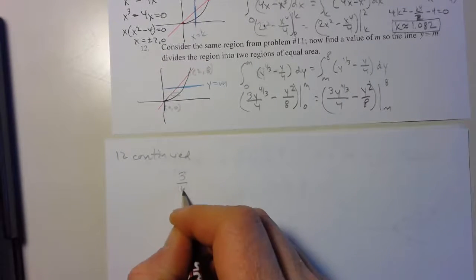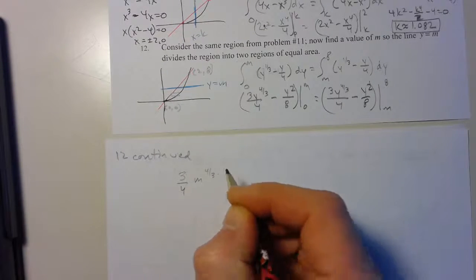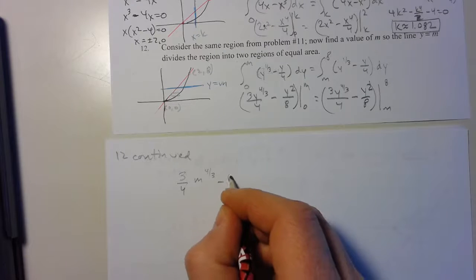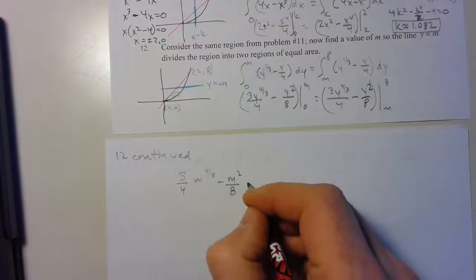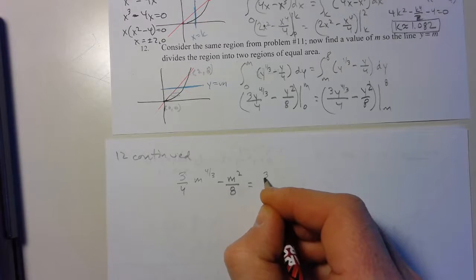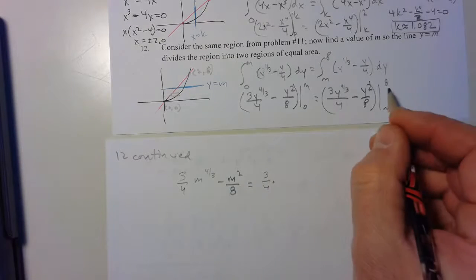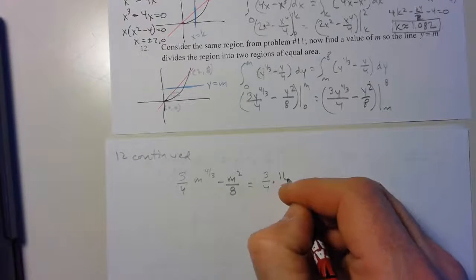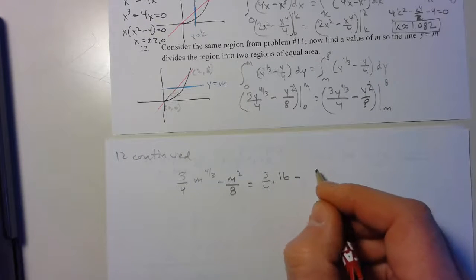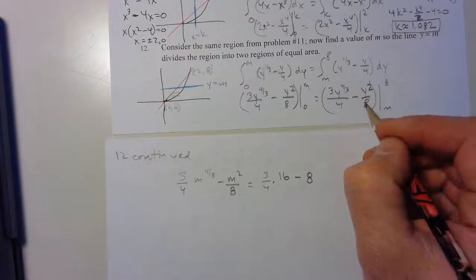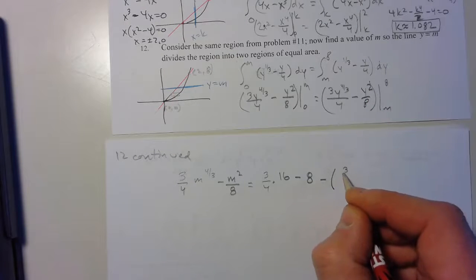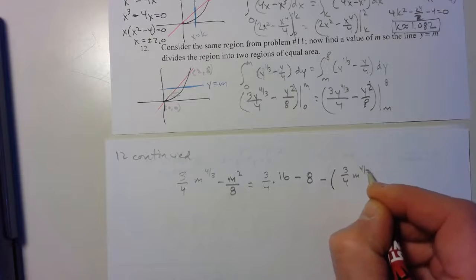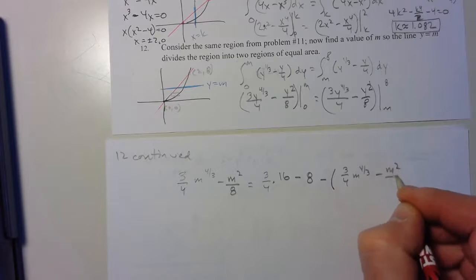We have 3/4 m to the 4/3 minus m squared over 8. The lower bound goes away, great, equals 3/4 times 8 to the 4/3, which is 16, minus 8 squared divided by 8, so that's 8. The lower bound being 3/4 m to the 4/3 minus m squared over 8.